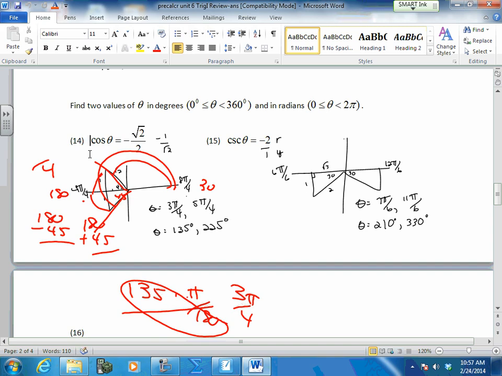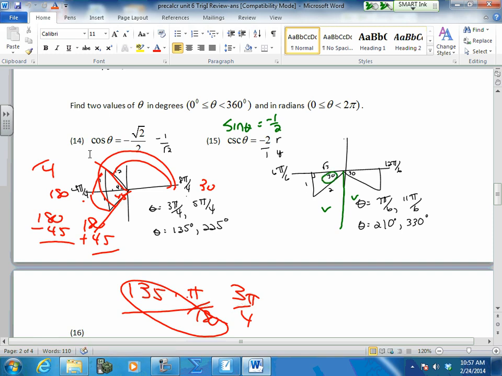This guy, cosecant, is the reciprocal of my sine. So if you wanted to, you could also do sine. Where is the y negative? Down here. So quadrants 3 and 4. And I set this up, my x, either y over r or r over y, whichever one you set up. Find your x, and you'll know that this is your 30-degree angle.